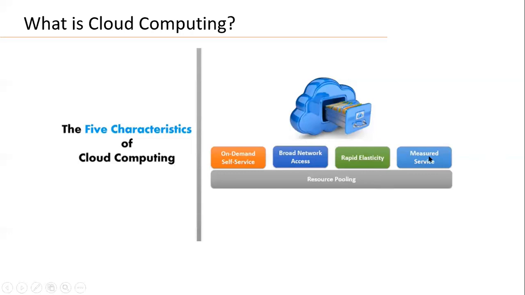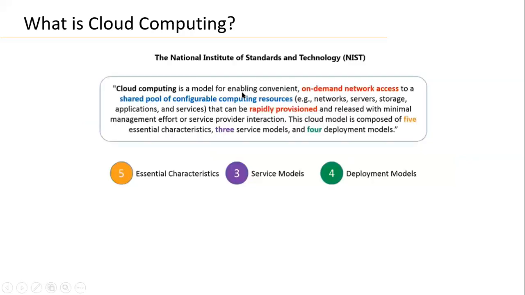No need to pay any fixed amount. And resource pooling, right? All the resources are there in the form of a pool. We can just configure and start using them. We'll see these things again in detail in tomorrow's class.